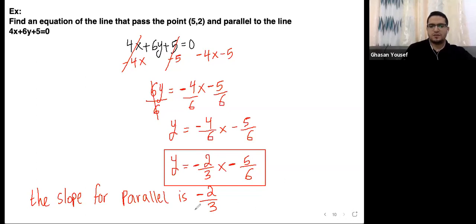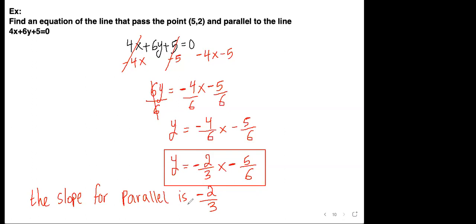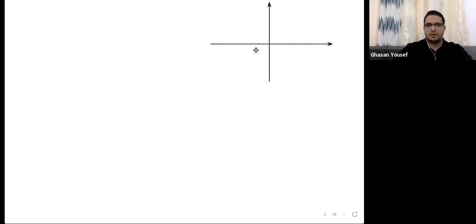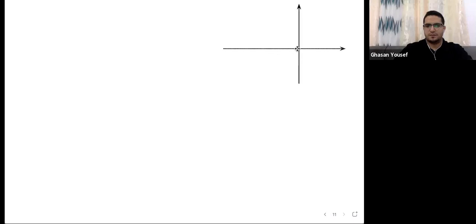What is the meaning of that? They have the same slope. So I'm going to draw a simple graph on the Cartesian plane, just to help me solve this example.